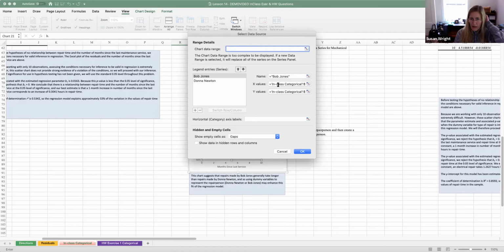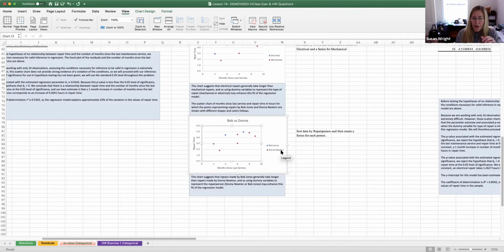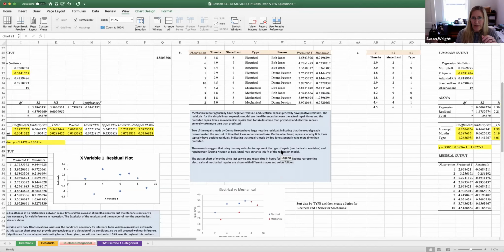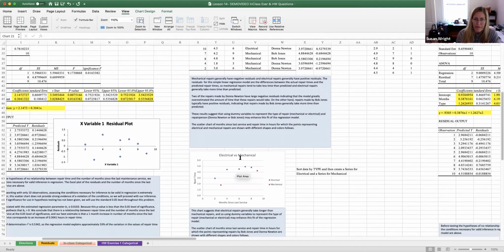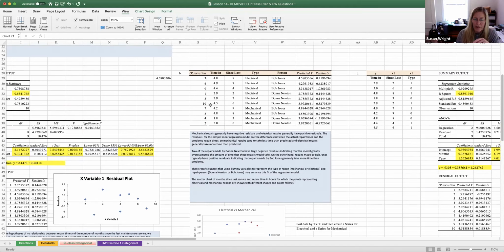And you highlight the X and Y values for that person. So in order for you to do that easily, make sure you sort whatever data you're looking at. Make sure you sort this data by whatever you're trying to do for color coding. So right now I have it sorted by electrical and mechanical. If you want to do this graph, that's how you want it to look, just like that.